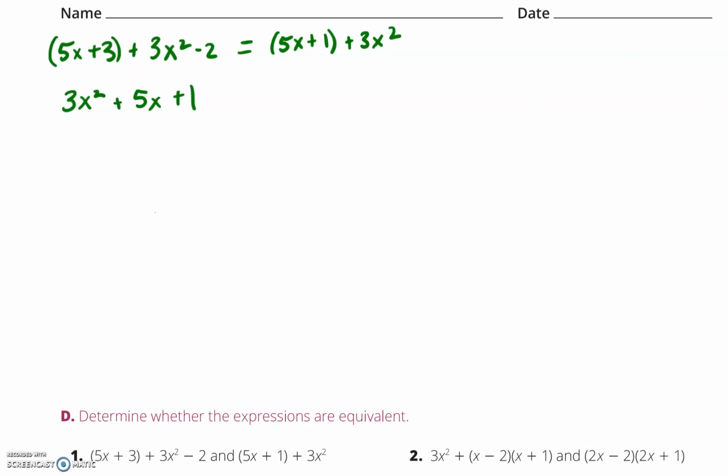So when I go to simplify this, I want to write it in standard form, so I want to write my x squared term first, and I have 3x squared, positive 5x, and a positive 1. And I go to look, 3x squared plus 5x plus 1 plus 1. Yes, they are equivalent expressions.